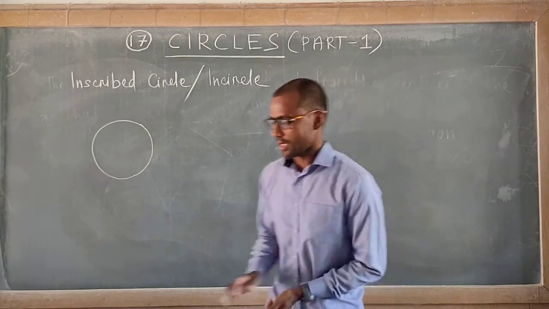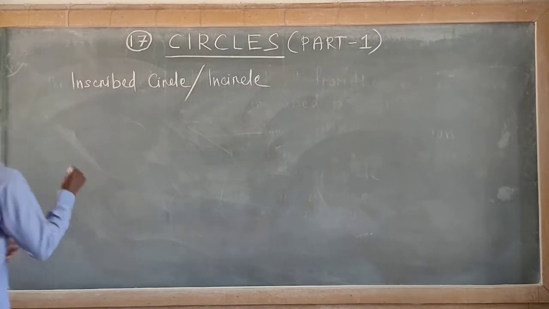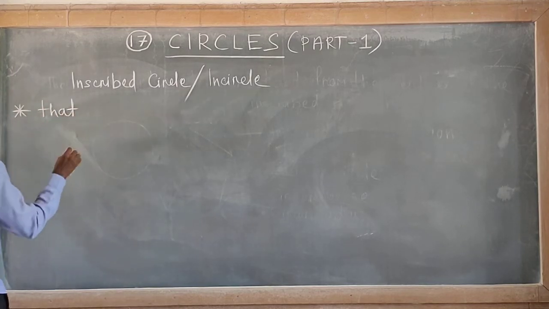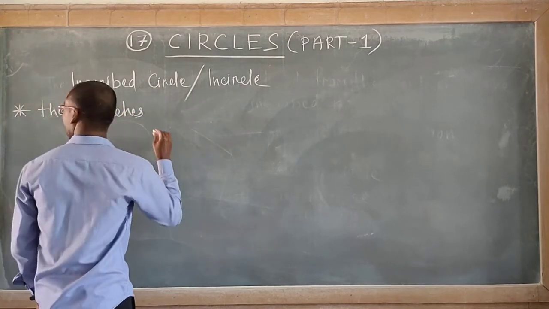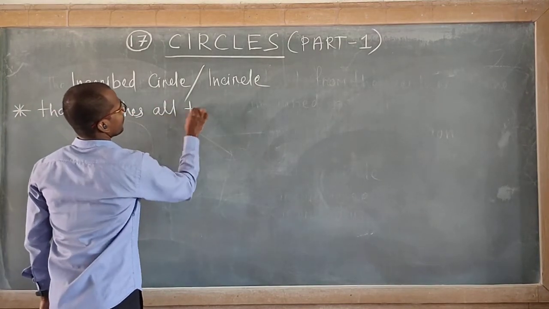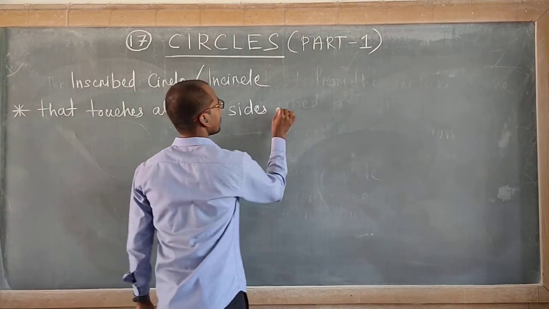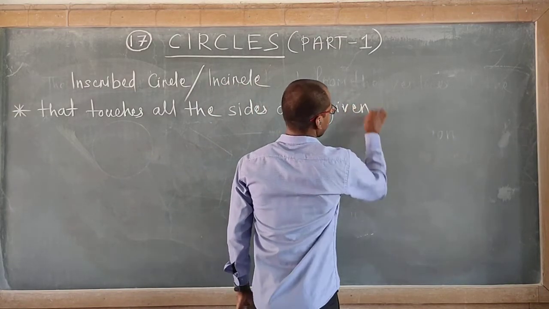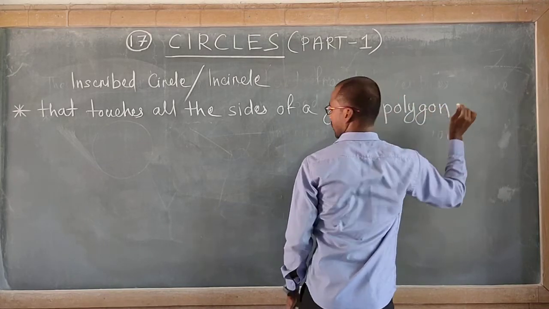I forgot to give the definition. It is a circle that touches all the sides of a given polygon.